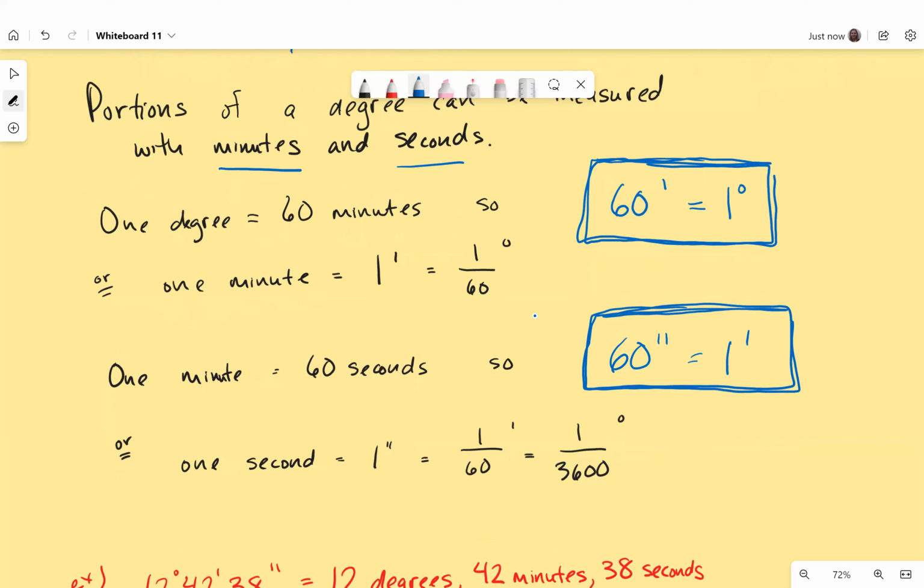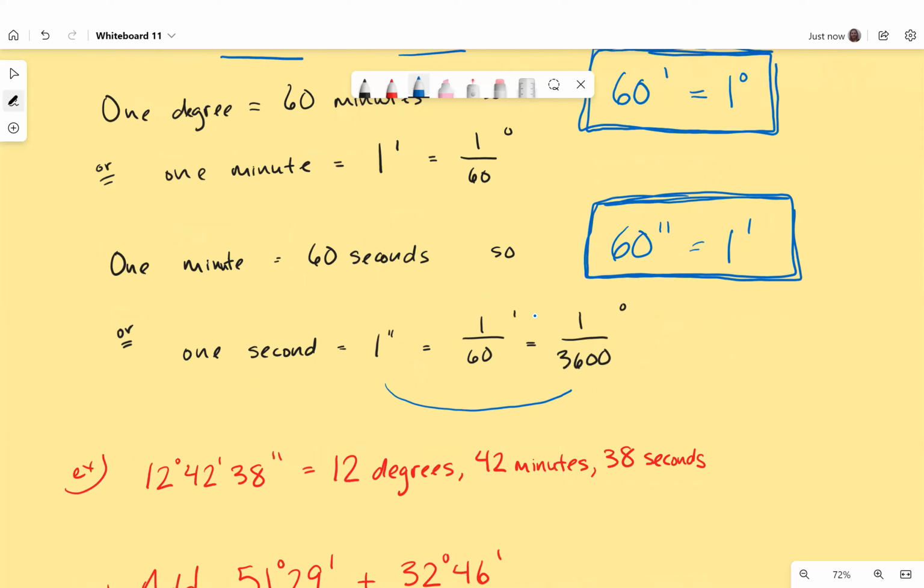And if we come back up to our previous one and divide that again by 60, we have 1 second is 1/3600th of a degree. So we're going to use these as we switch back and forth. Sometimes we're going to want our angles expressed in degrees, minutes, and seconds, and sometimes we just want them expressed as a decimal.